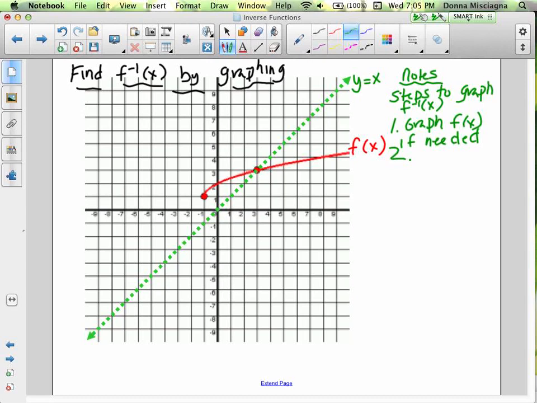All right, so first step is graph f of x if needed. If you already have f of x graphed, that step is done. All right, second step is to graph y equals x. That's what you're reflecting over. So that's your line of reflection.